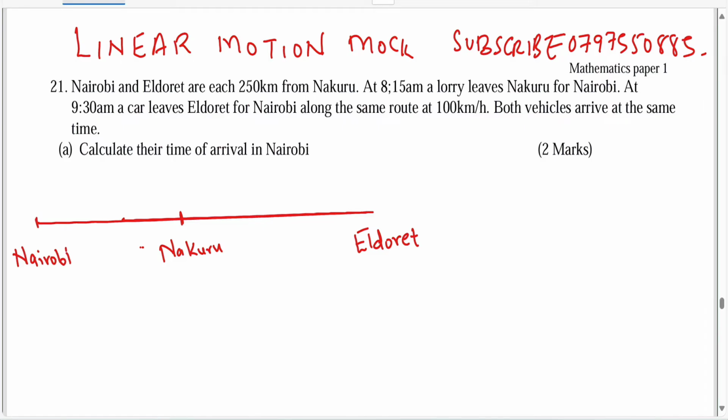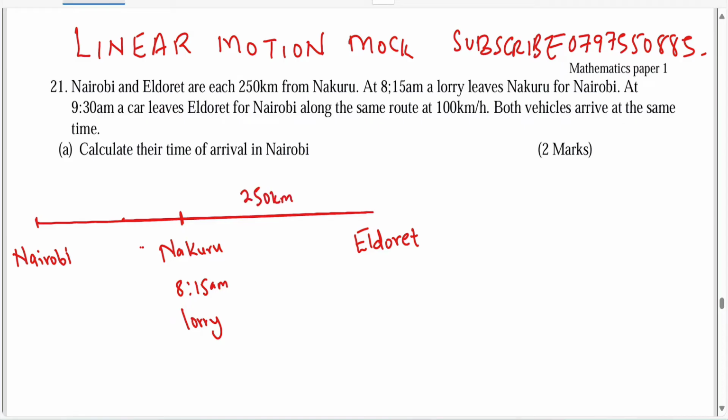At 8:15 a.m., a lorry leaves Nakuru for Nairobi. So there's a lorry here. Okay. At 9:30 a.m., a car leaves Eldoret. Don't forget to write those 2 kilometers apart.